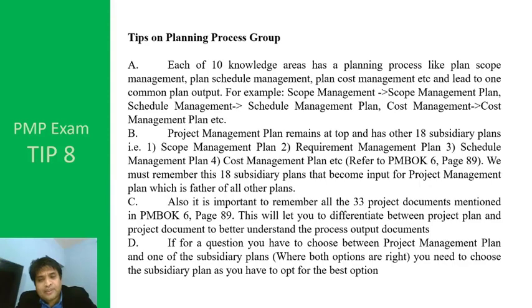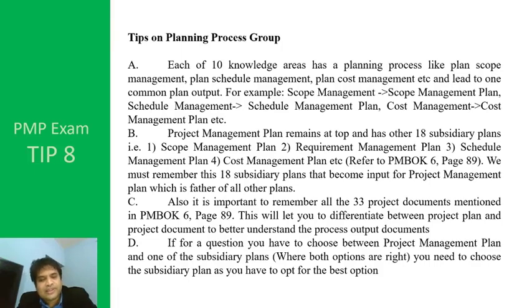Point B. The project management plan remains at the top and has 18 other subsidiary plans, for example, the scope management plan, requirements management plan, schedule management plan, cost management plan, etc. Refer to PMBOK 6, page 89.